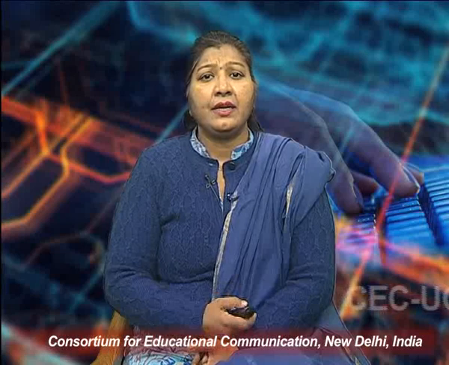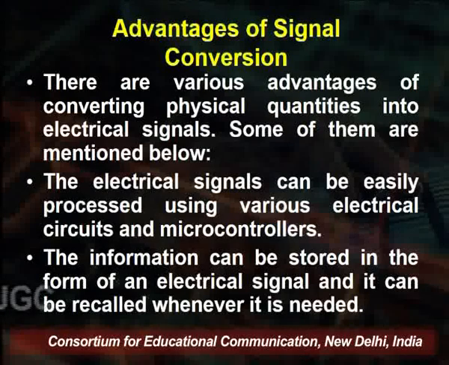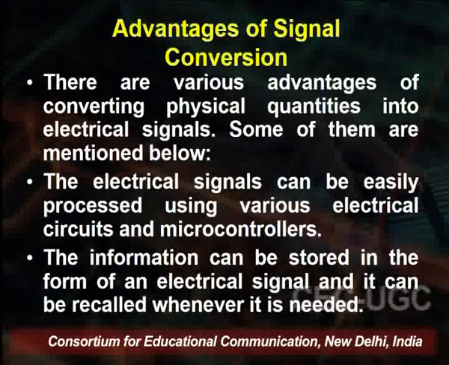Next, if we talk about the advantages of signal conversion, there are various advantages of converting a physical quantity into an electrical signal. Some of them we will discuss. The electrical signal can be easily processed using various electrical circuits and microcontrollers. Sometimes we require the output in the form of an electrical signal, so we use transducers.